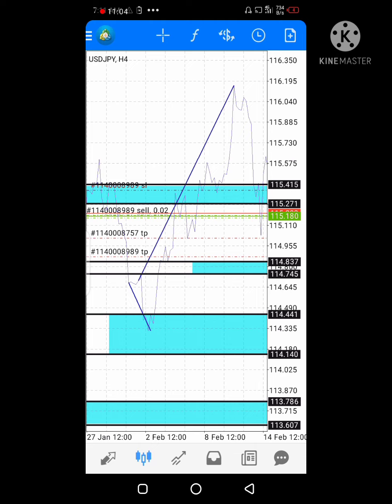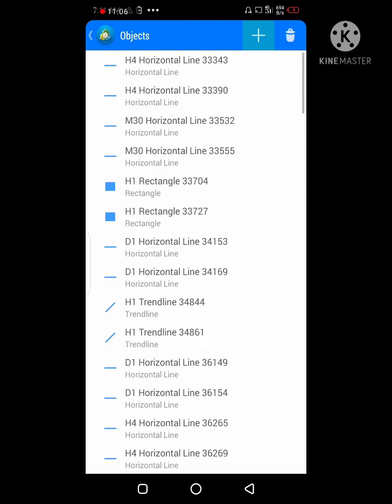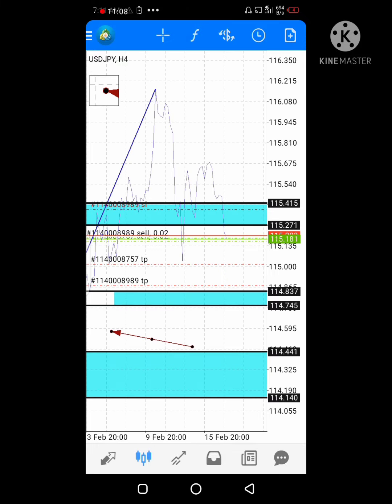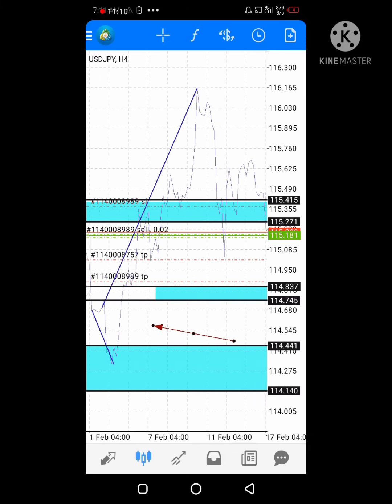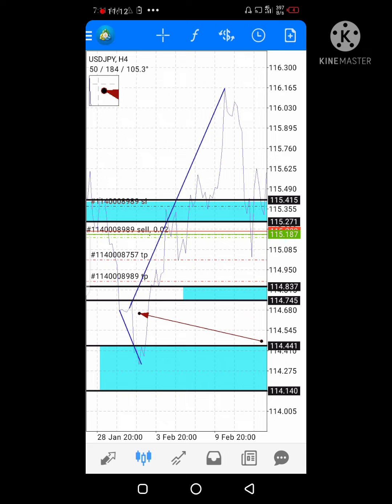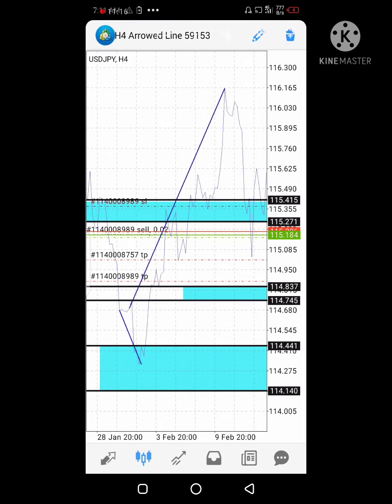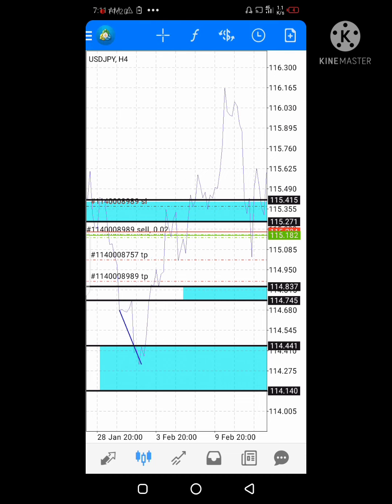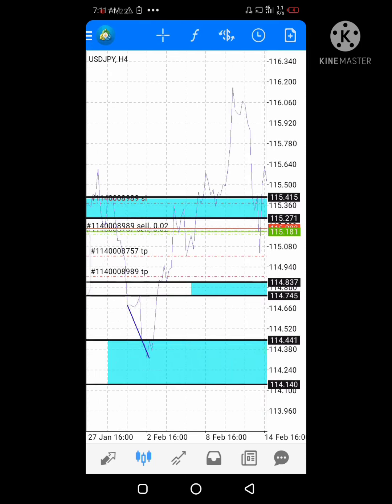So meaning that at this region we're still having a buy opportunity. At this region we're still having a buy opportunity. So we're going to place an area for buy there, so that when price gets there we'll know.